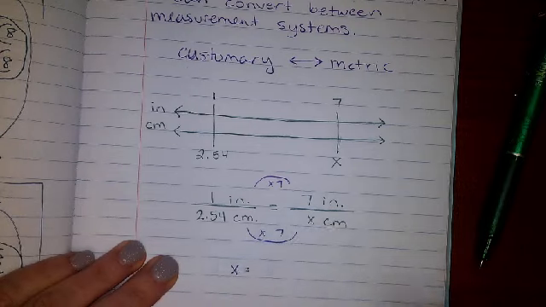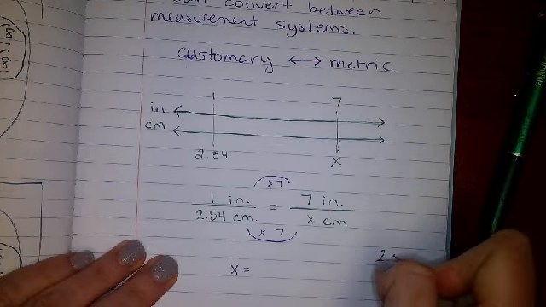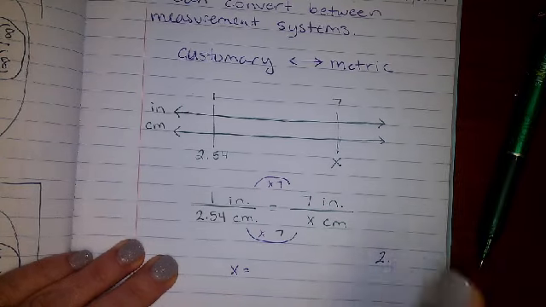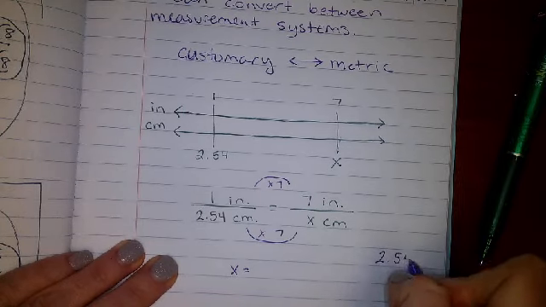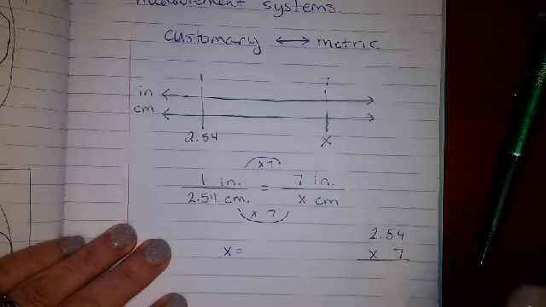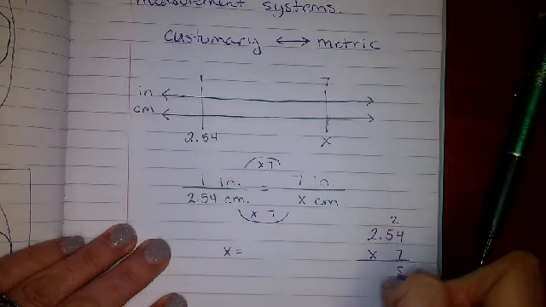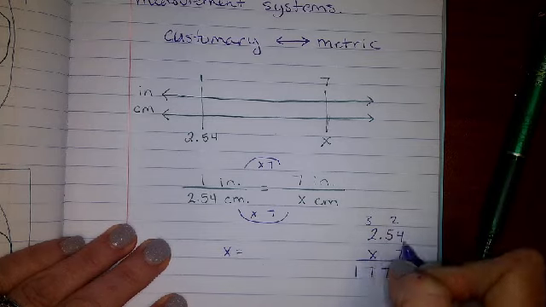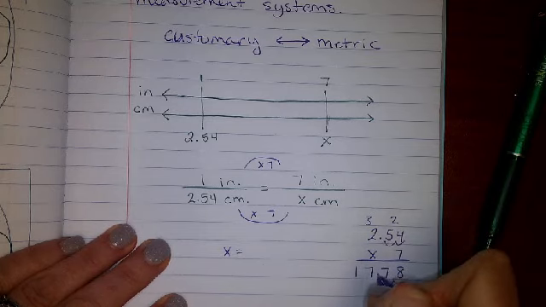2.54 times 7. So I'm going to have X equals 2.54 times 7, so you have 28. 35 plus 2 is 37. 14 plus 3 is 17.